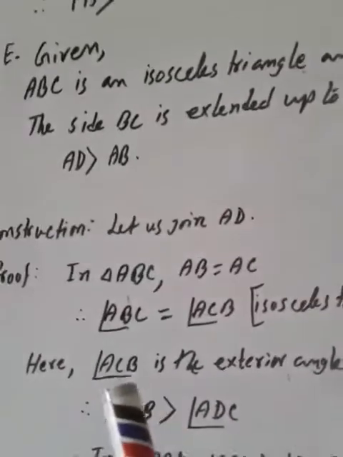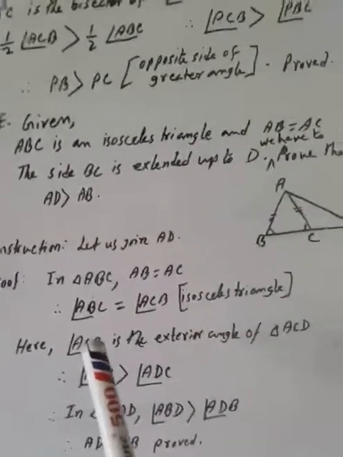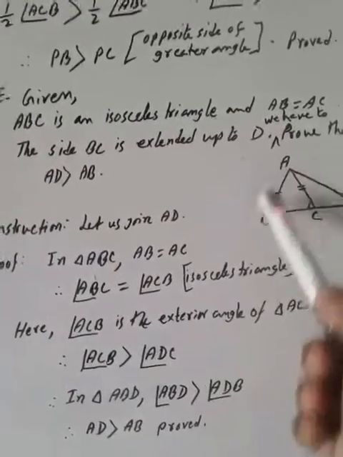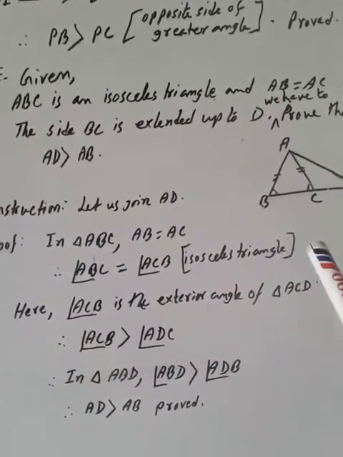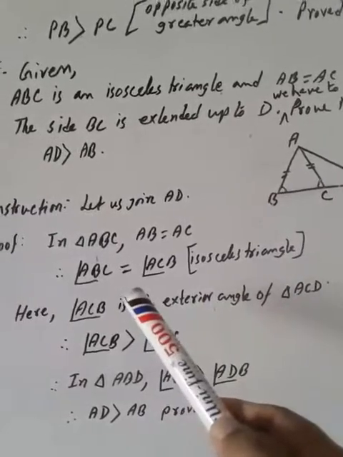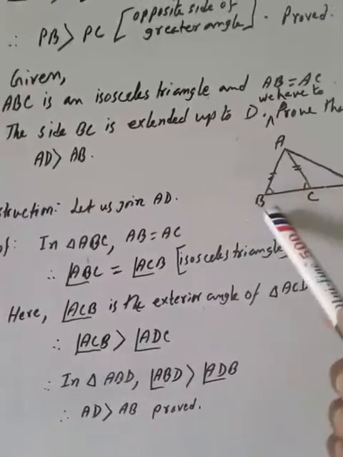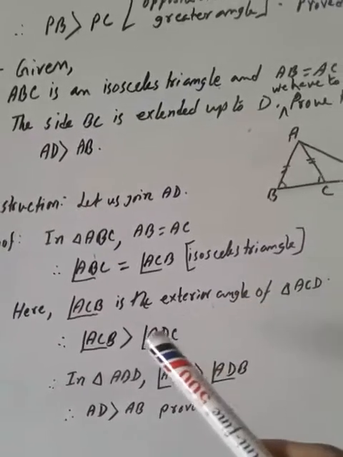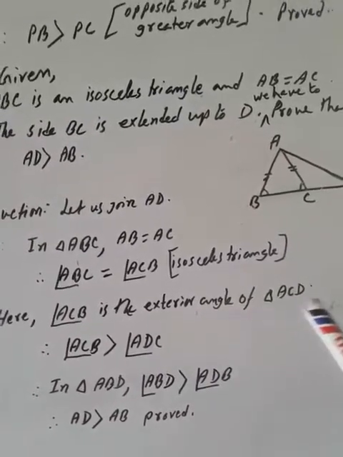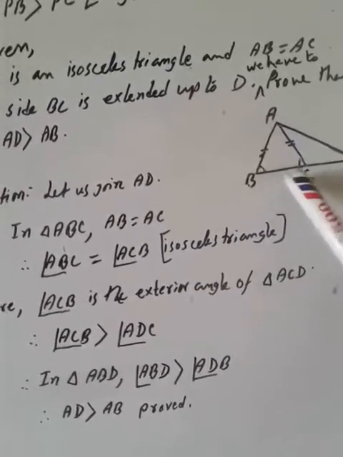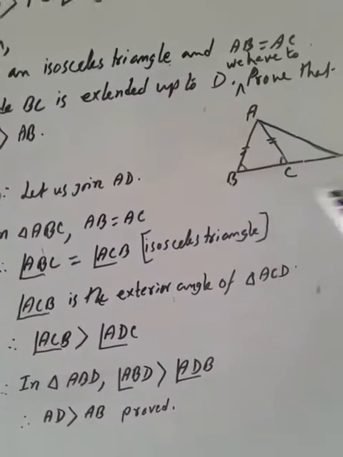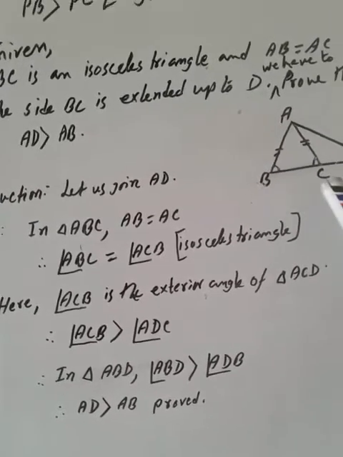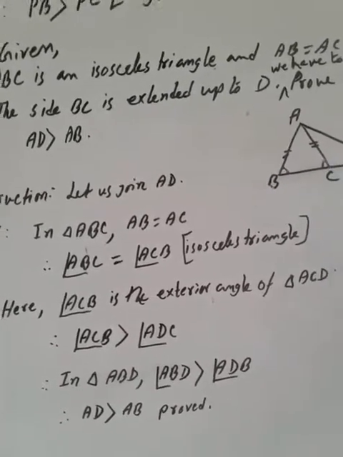Now here is written this. See, in triangle ABC, AB equals AC. Therefore angle ABC equals ACB. These two angles are equal, isosceles triangle. Here ACB is the exterior angle of ACD, and ACB is greater than ADC.